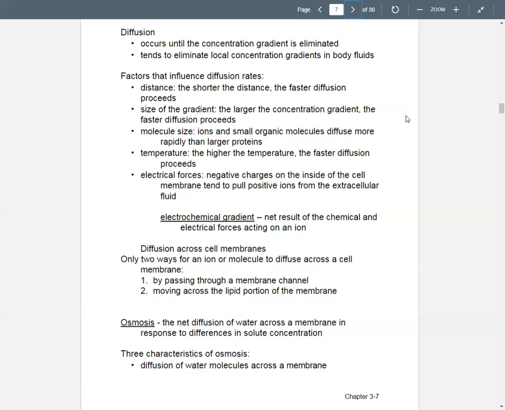So you're looking at both the concentration gradient and the electrical gradient. So how does diffusion happen across a membrane? Two ways. You go through a channel protein in the membrane, or it can go through the lipid portion of the membrane. Those are basically the only ways you can go through.